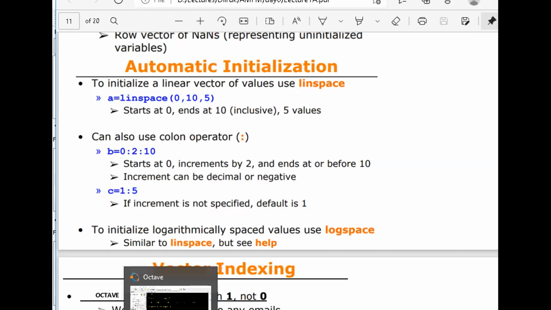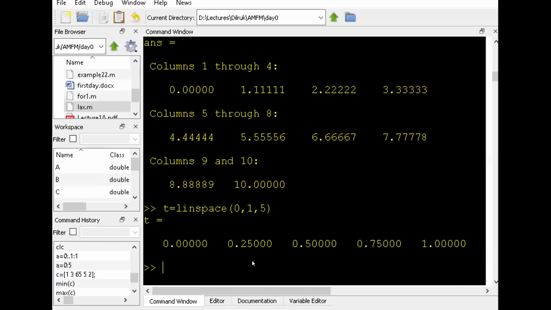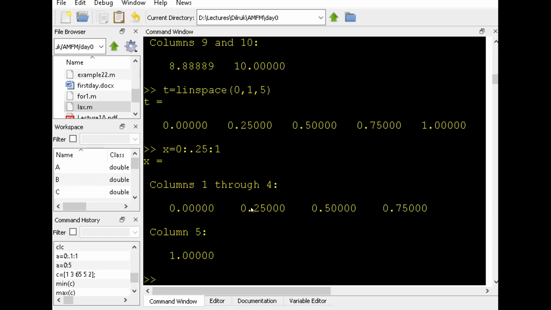Let's say x is the starting point, the increment is 2.25, and the endpoint is 1. Same thing. So this is the increment, and this is the starting point, and this is the endpoint.